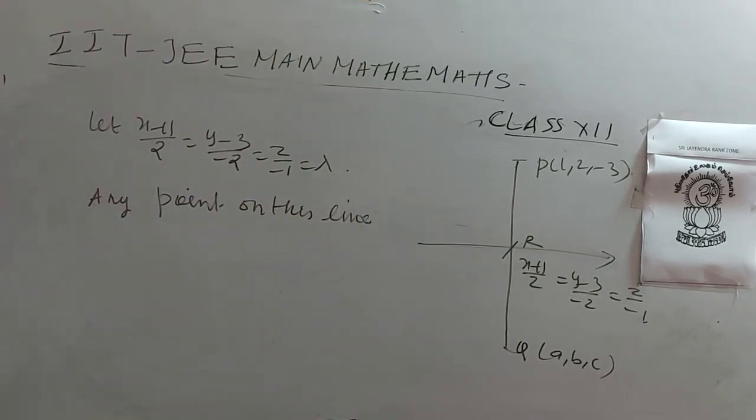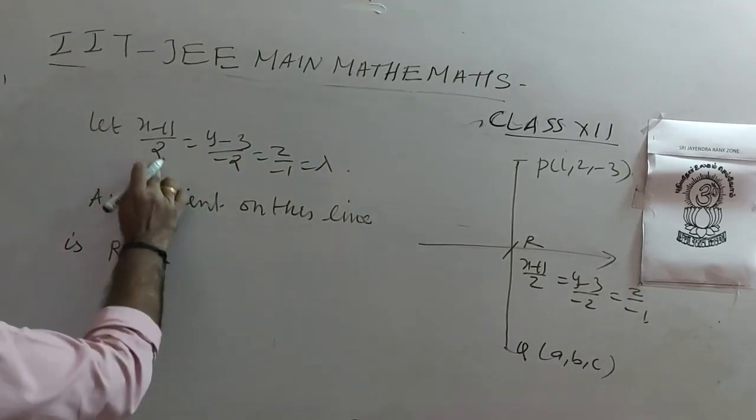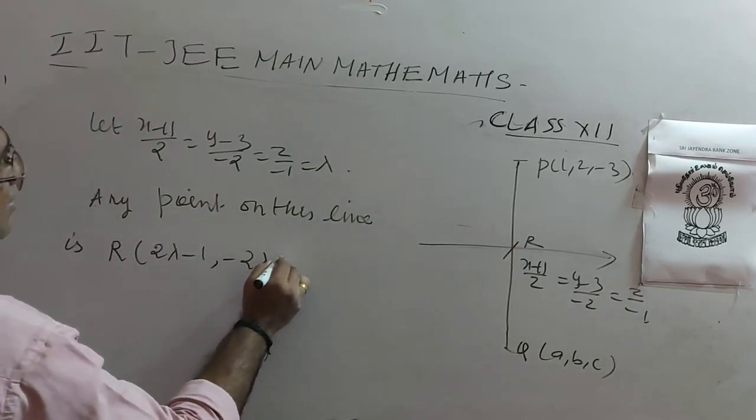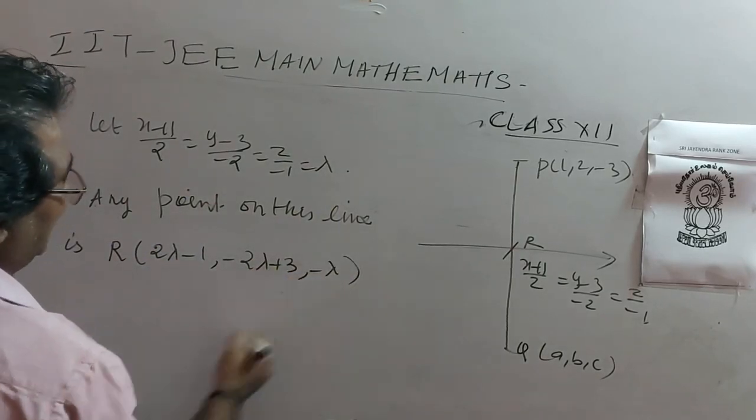Any point on this line is R(2 lambda - 1, -2 lambda + 3, -lambda).